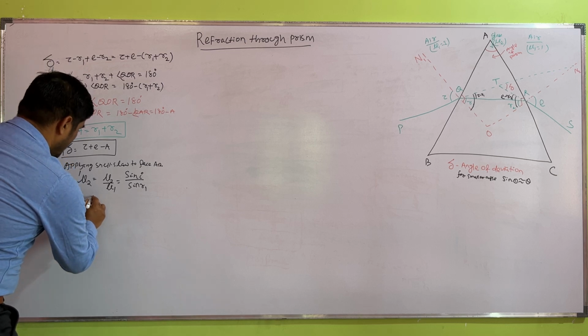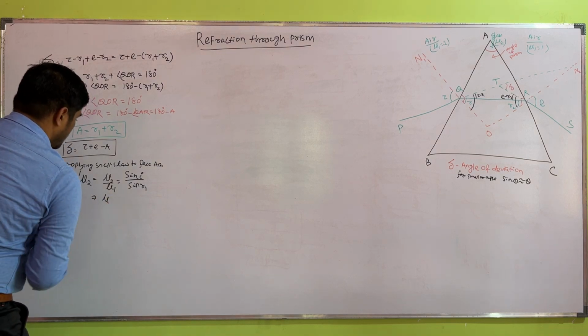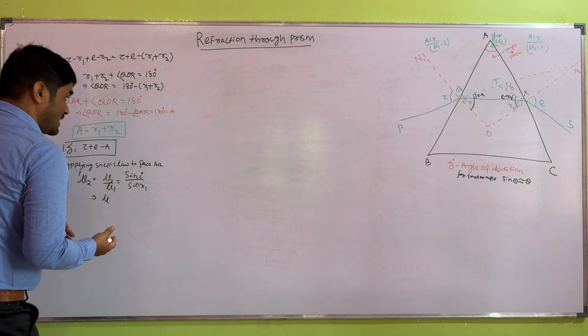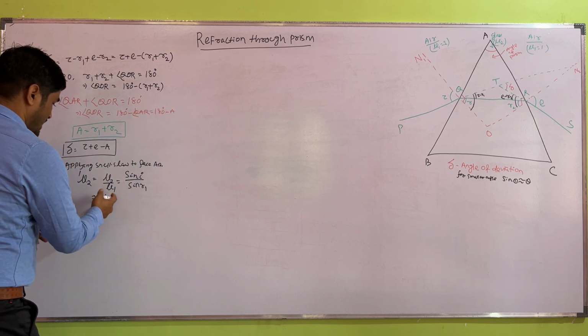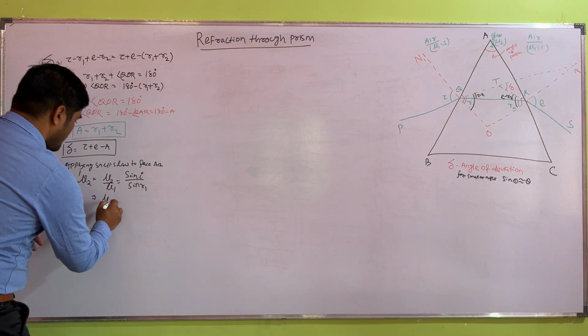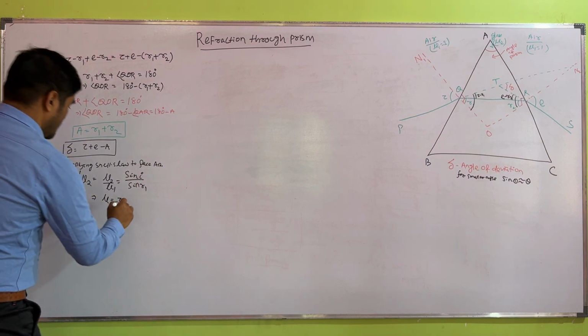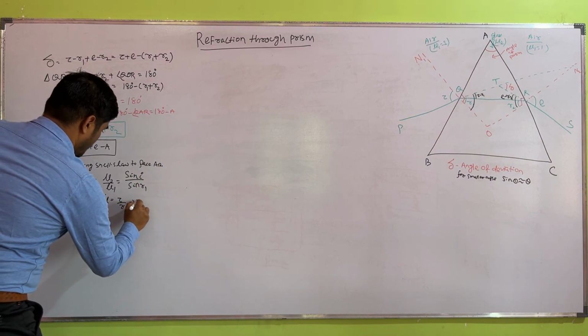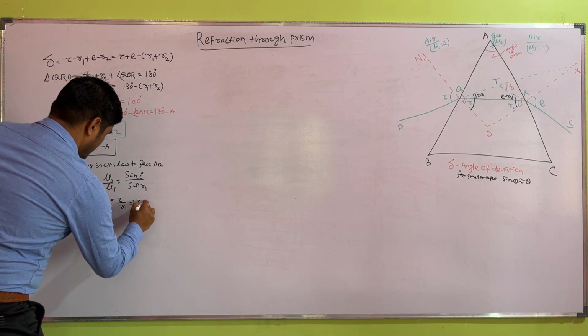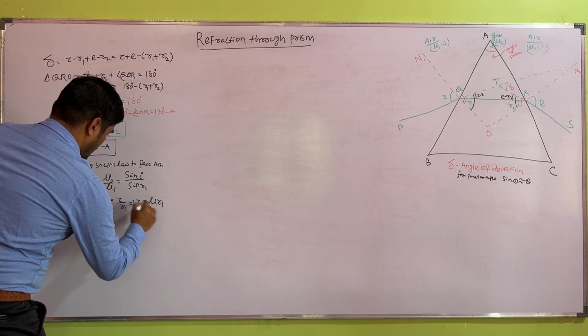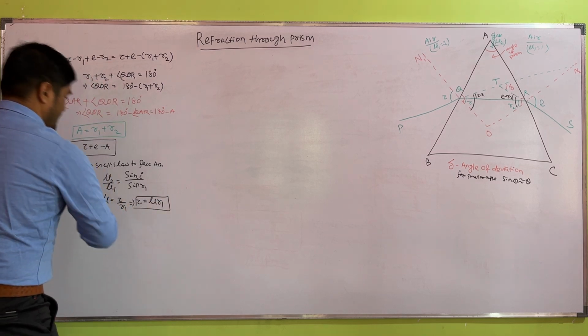So that implies mu2, the refractive index of the glass or second medium, which is mu, is equal to I divided by R1. From here you find the value of I, the angle of incidence, that is mu R1. Clear?